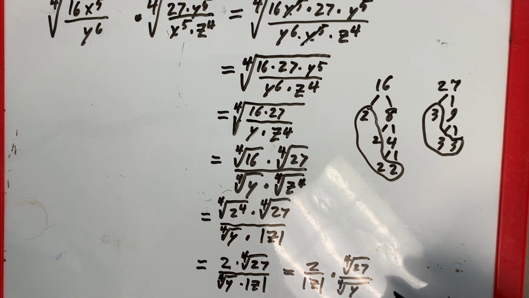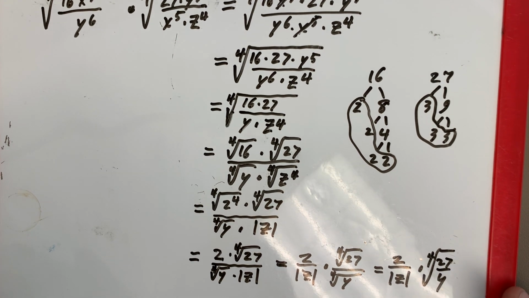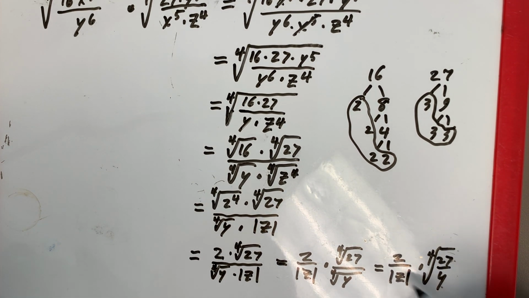And now I'm going to rewrite this as one giant radical, just using the quotient rule for radicals. Can't really do much with this 2 over absolute value of z, so that's just going to come along for the ride. So I have 2 over absolute value of z times the 4th root of 27 over y. And with that, we are stuck. This is as far as we're going to be able to go. Can't cancel anything else, and our example is done.